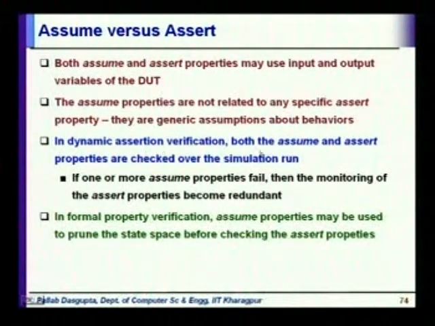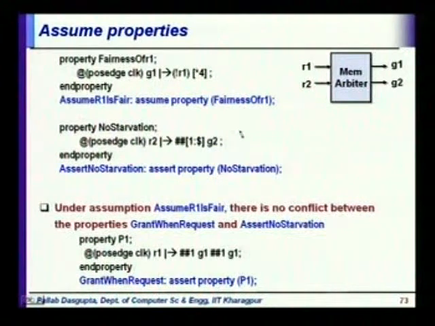In dynamic assertion verification, what's going to happen when the simulation is taking place? The assume property will be monitored, the assert property will also be monitored, right. Now suppose the assume property fails. What does that mean?